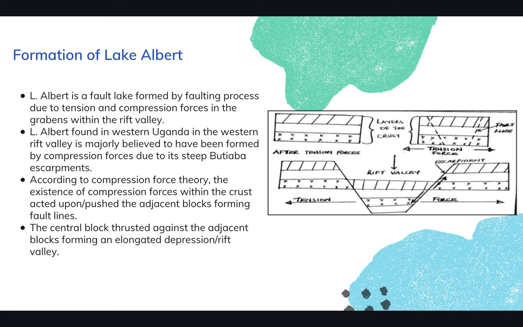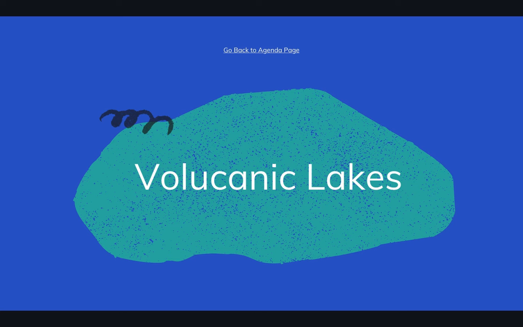It's a narrow depression sided by escarpments and formed due to faulting. So that is what we have right there. When they are formed, at the bottom of the valley we see the formation of lakes due to the accumulation of water, forming a basin, which later becomes a lake.